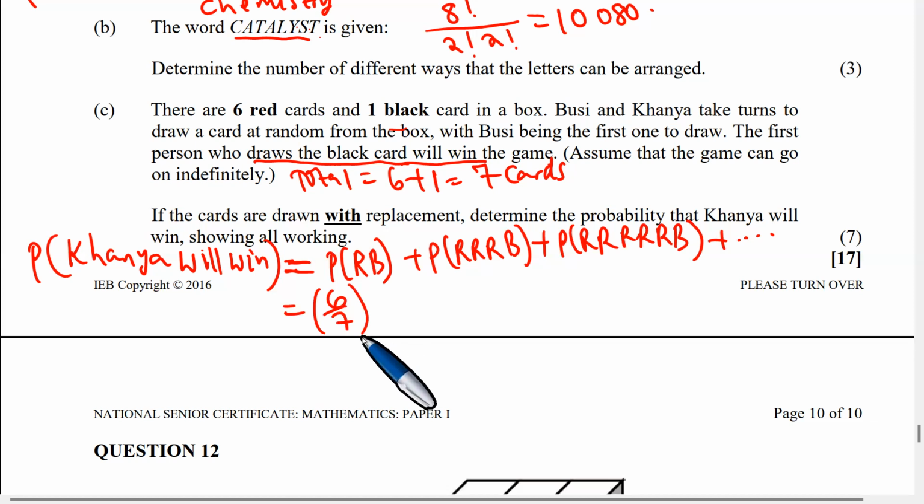After Kanye has picked red, the probability of picking red is that. But what is the probability of picking black? There is only one black, 1 out of 7, because they're replacing. Here they can be red, red, red, 3 times, so you shall have 6 out of 7.